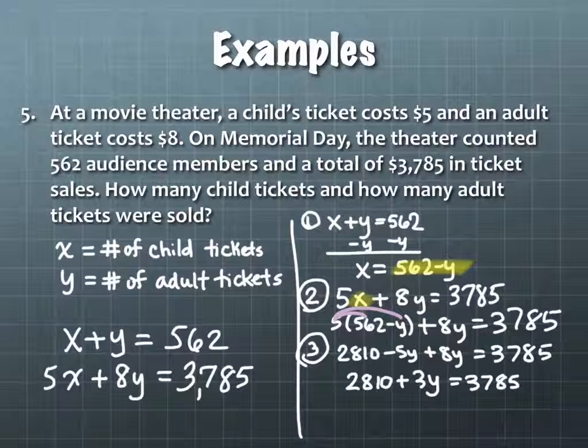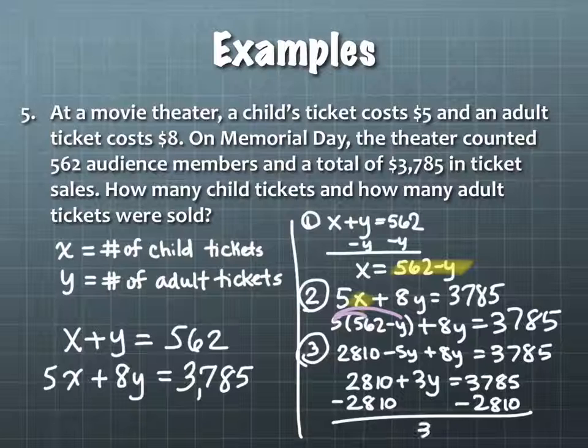Now what? Yeah, we'll subtract the 2810 to the right. So now I have 3y equals what? 975. What would I still need to do in order to find y?